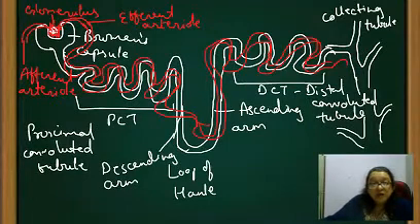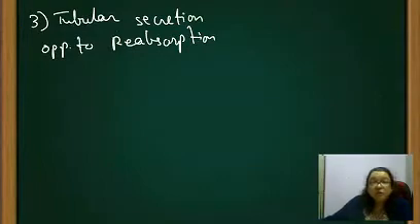Means in reabsorption the required substances from the urine get absorbed and enter into the circulation, whereas in tubular secretion harmful toxic substances present in the blood enter into the tubules by secretion, and therefore it is known as tubular secretion. So tubular secretion is just opposite to the reabsorption.